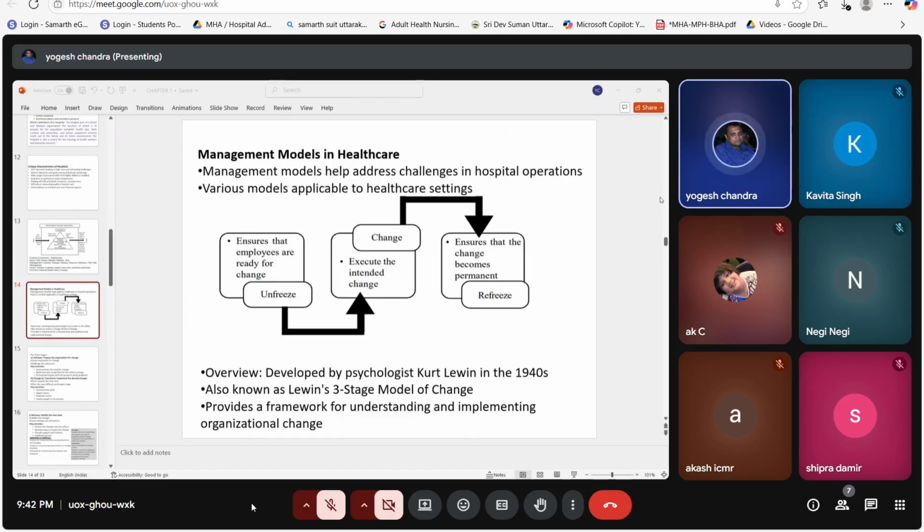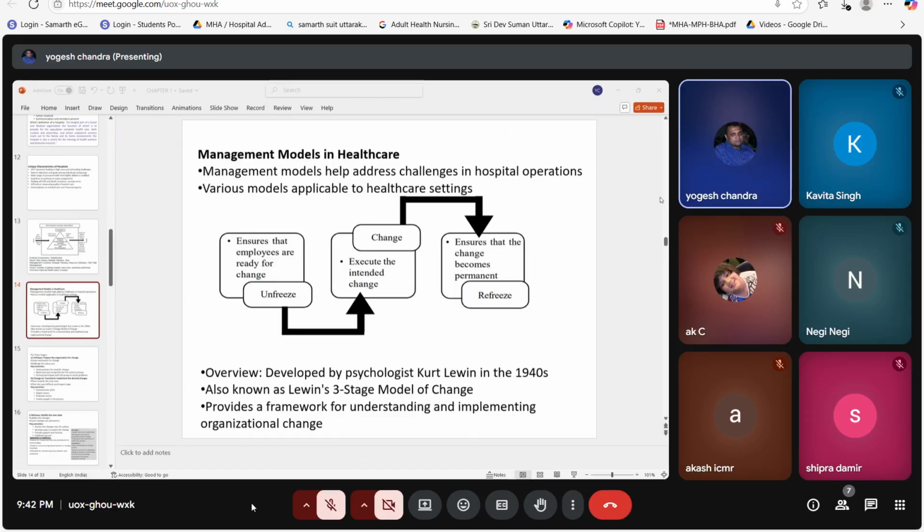If you want to implement the EHR in the hospital, it is always advised that we should start in some particular department or area rather than in the whole hospital. Then it becomes chaotic. Then you show the outcomes, the encouraging results of this implementation of the EHR. That gives a lot of motivation to the other area staff, and they also try to use that. So that kind of thing is there in this stabilizing part of the refreeze phase.